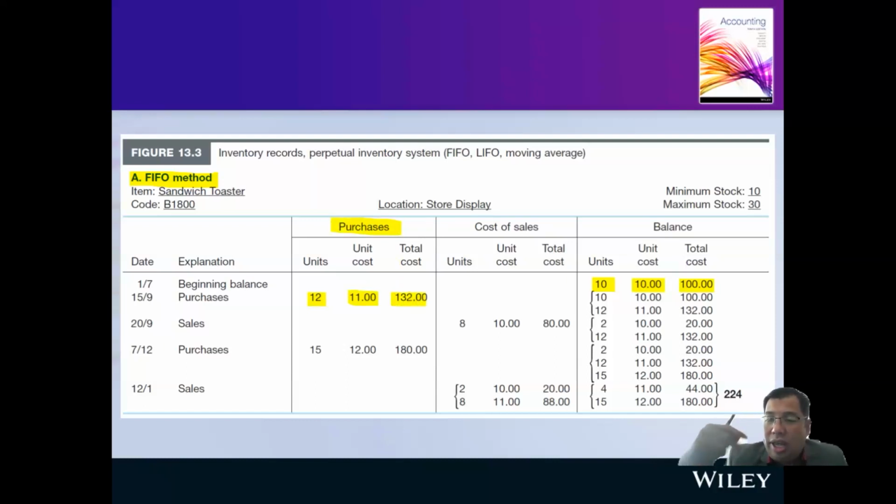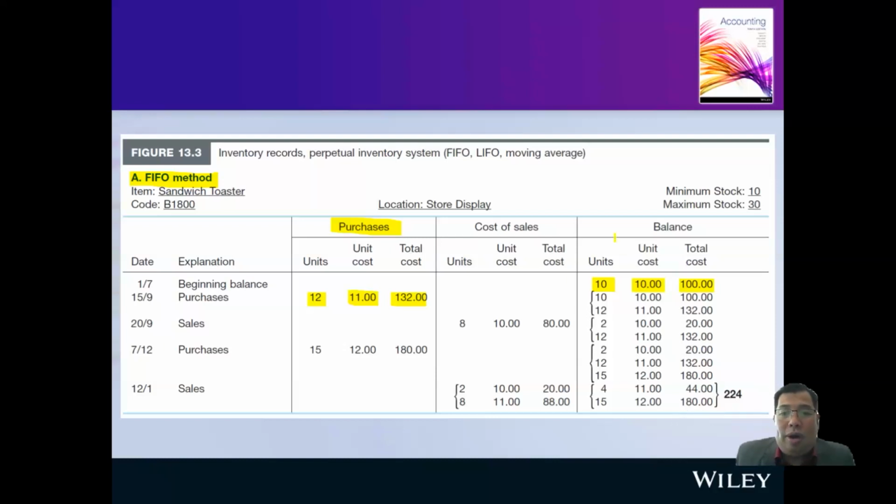Originally you have 10, you purchase another 12. So what happened to your balance now? The new balance of your inventory is 22: 10 at price of 10, 12 at price of 11. But we cannot combine them together because the cost of purchase is different.